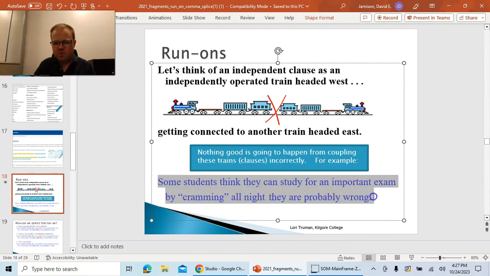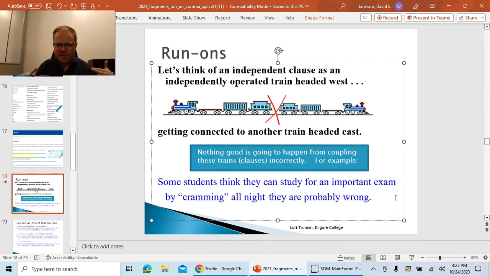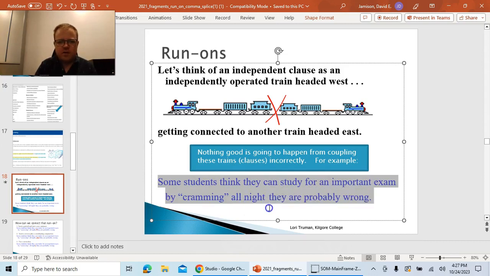They are probably wrong. You could probably hear in the way that I read that it isn't punctuated correctly, but this is two independent clauses that are connected with nothing. They are just crammed together here.